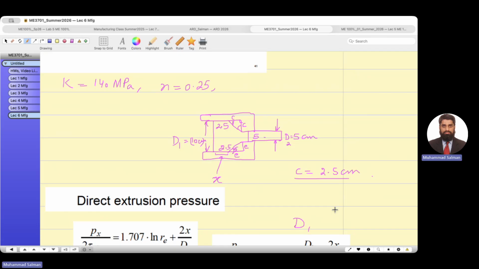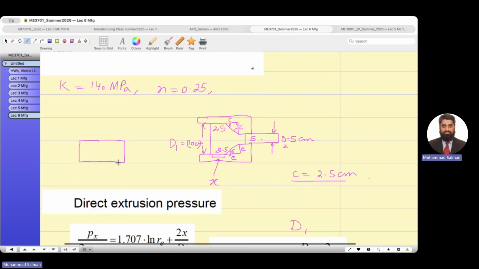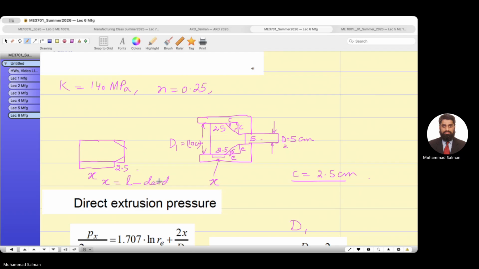Now the billet size is 25 centimeters, and this one is 2.5, and this one is my X. X equals the total length minus the dead zone. We call C the dead zone. The material does not come out of the die.